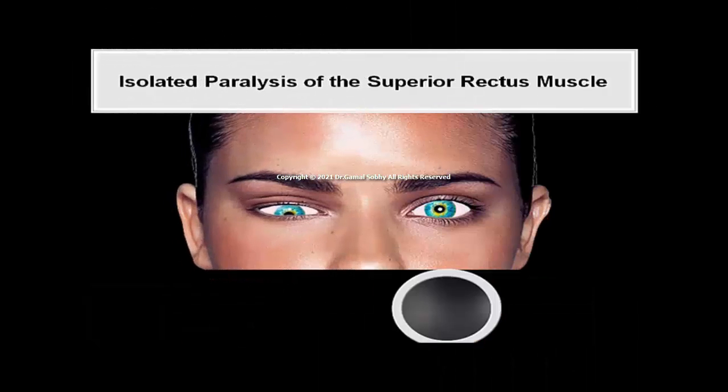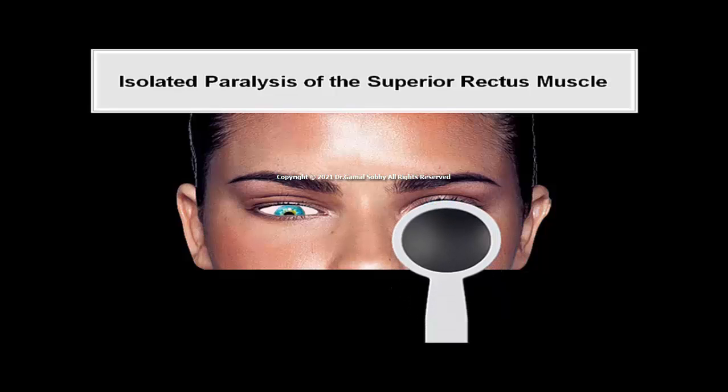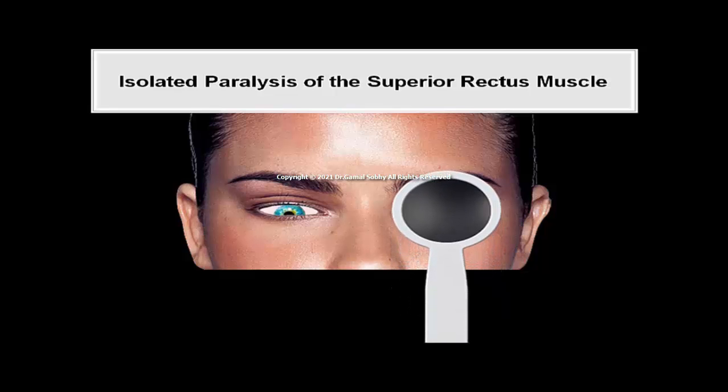Superior rectus muscle paralysis is frequently associated with weakness of the ipsilateral levator palpebrae muscle. Since the upper lid elevates with elevation of the globe and drops when the eye moves downward, a true ptosis caused by levator weakness must be differentiated from pseudoptosis secondary to the hypotropic position of the globe.